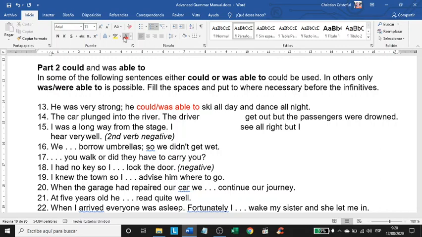Because if I say the driver could get out, it means that he had the ability to do it, he had the possibility to do it. So if I write could, I'm changing the meaning. What the text means is that the driver was able to get out. He managed to get out. Not that he had the possibility to do it. So be careful with that text.